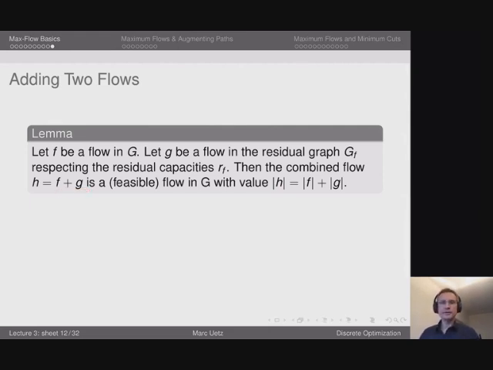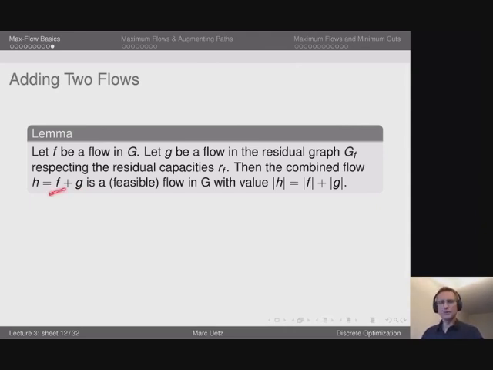So I have to verify the three conditions for a feasible flow. They have to respect the capacity constraints, they have to be skew symmetric, and they have to respect the flow conservation constraint. Now, two of these things are trivial, because this is a skew symmetric vector and this is a skew symmetric vector. The sum of the two is again skew symmetric by definition.